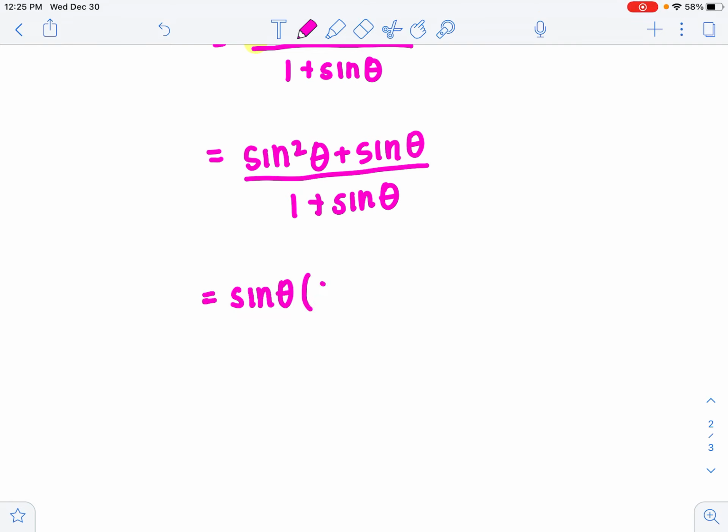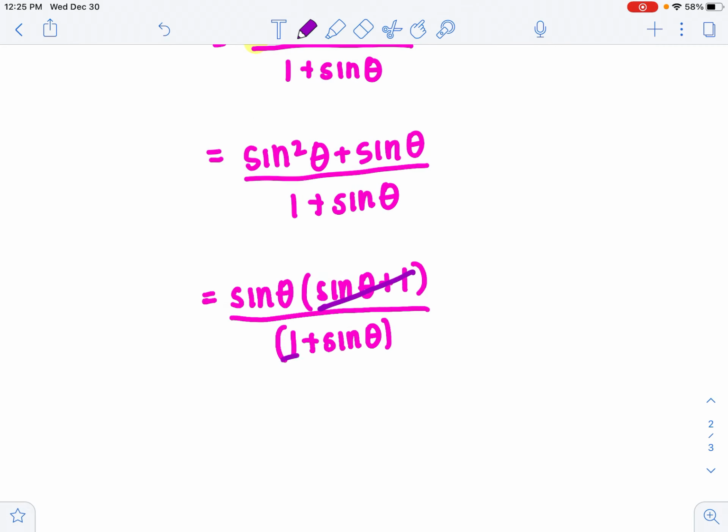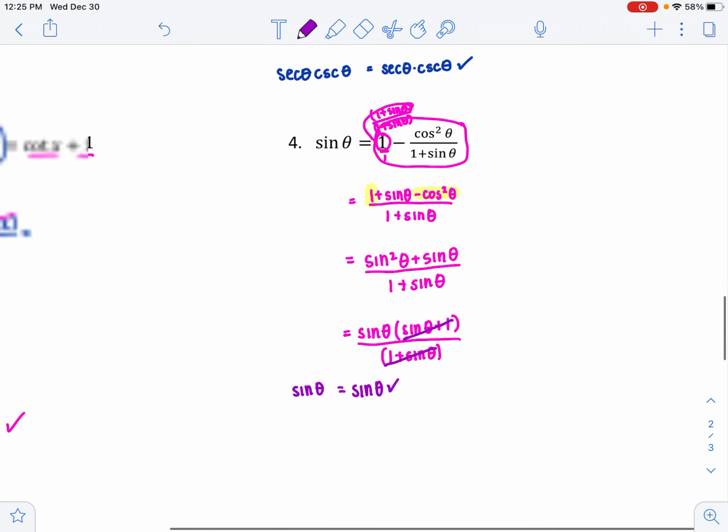So I'm going to pull out the sine, and I have sine of theta plus 1 over 1 plus sine of theta. And I say, wait a minute, those are the same. Boom, boom. So now I have sine of theta is equal to sine of theta. Done. So that's one way.